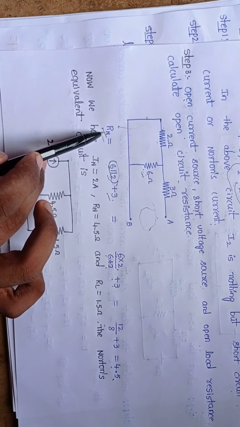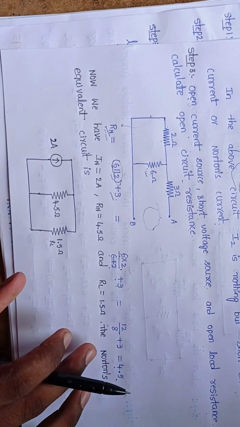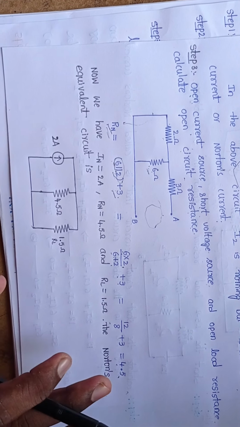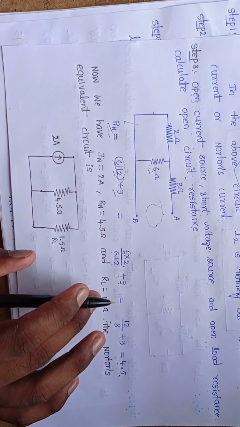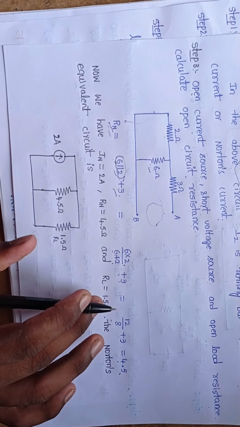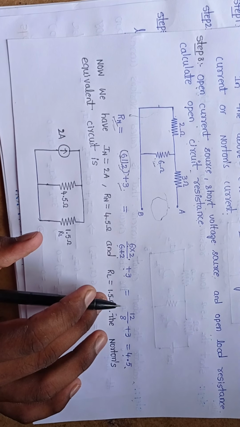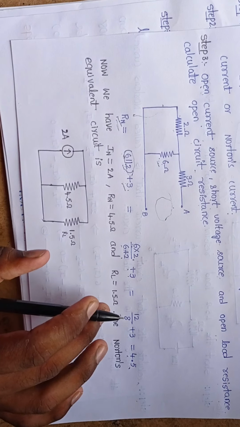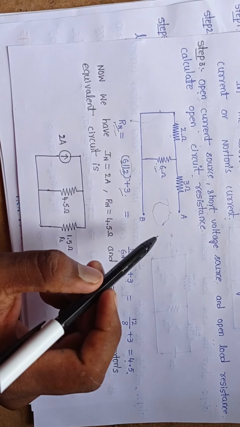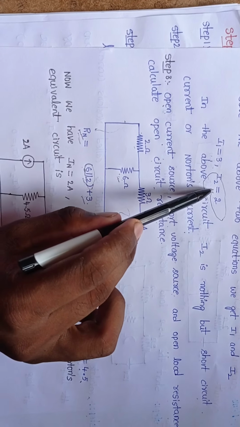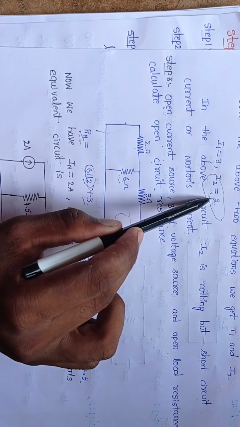Now we simply draw the Norton's equivalent circuit for the given circuit. We know Norton's equivalent circuit is a current source in parallel with both the Norton's resistance and the load resistance. Here Norton's current is nothing but I2, that is 2 amperes.